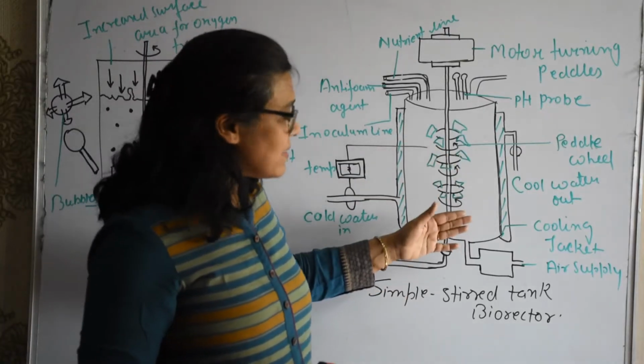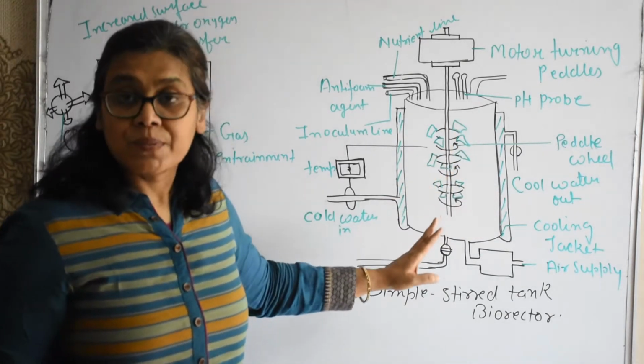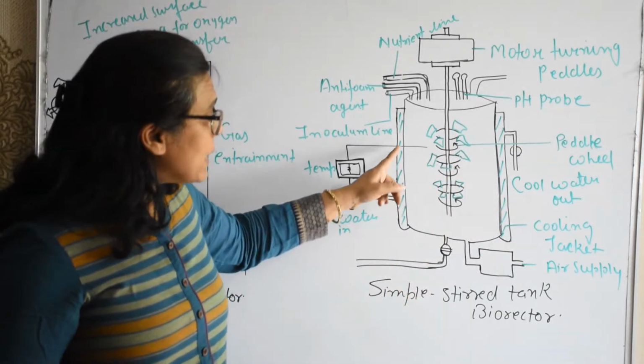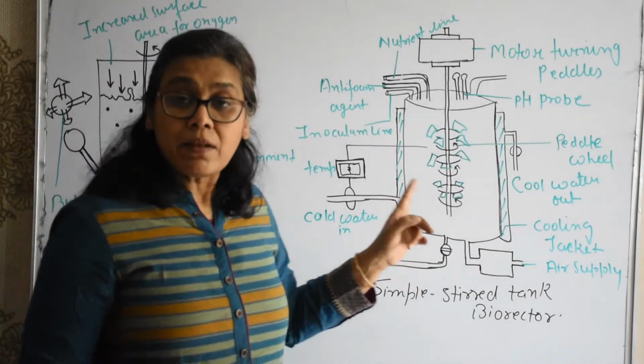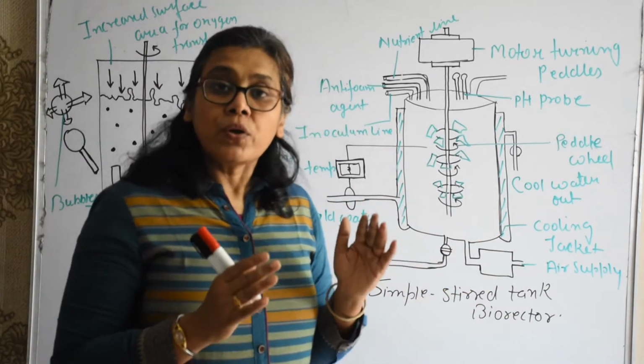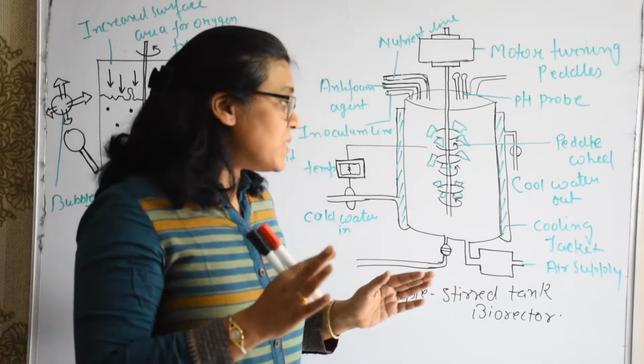Apart from this, this bioreactor encompasses different types of systems. For example, it is surrounded by a water jacket, and in the water jacket cool water flows. That helps in the maintenance of the optimum temperature.